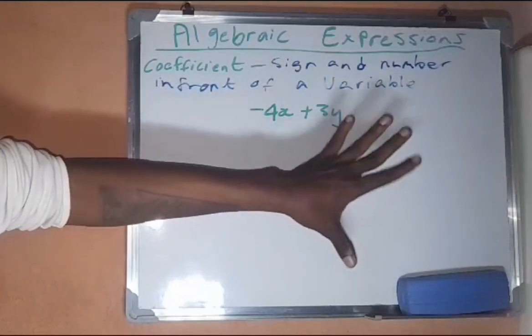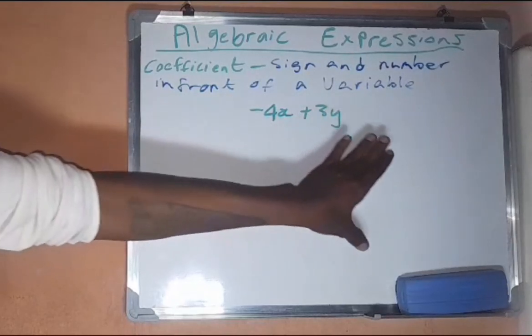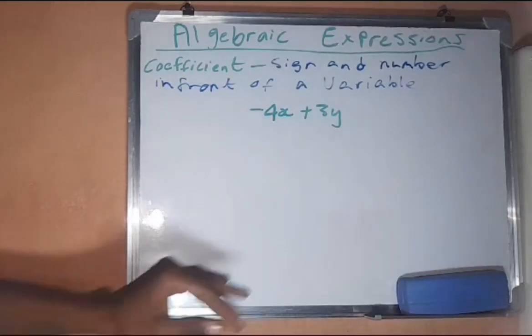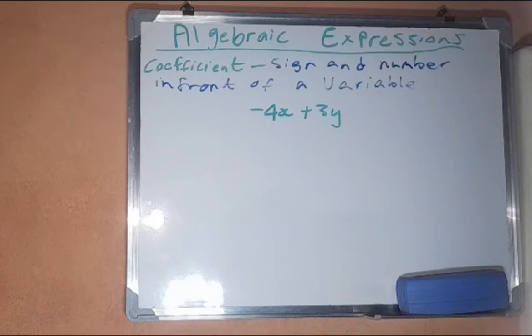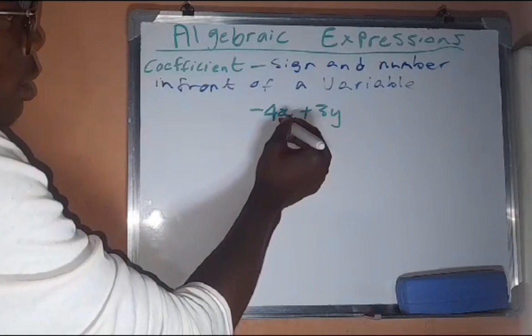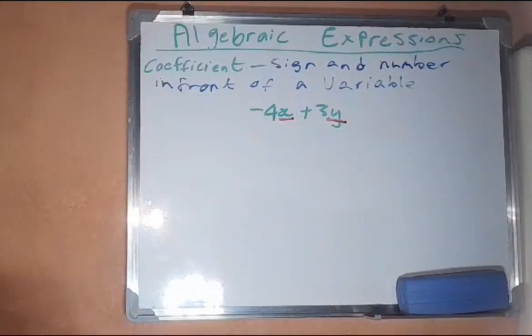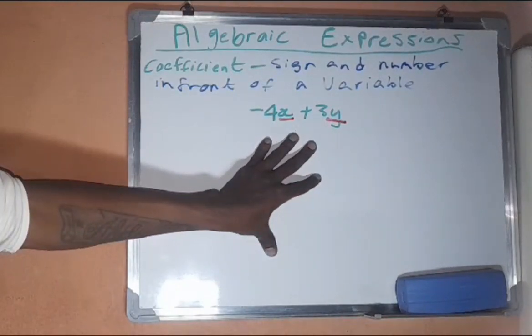So this is our variable: this is x, this is y. So x and y is what we call a variable.